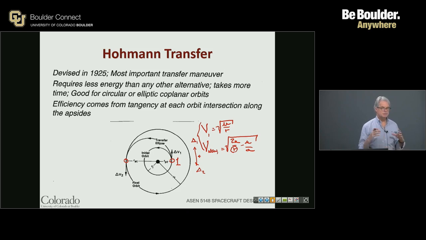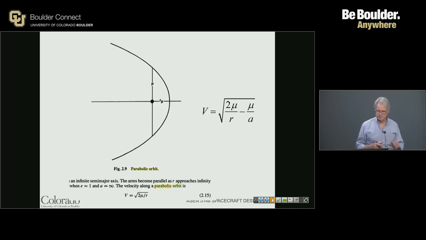So if we want to change orbits and orbit diameters or modify the orbit that we're in, we apply velocity changes at particular points in time in a very, very simple way to change the orbit parameters and orbit properties. All right. So now we know that we can go from one orbit to another with velocity changes.